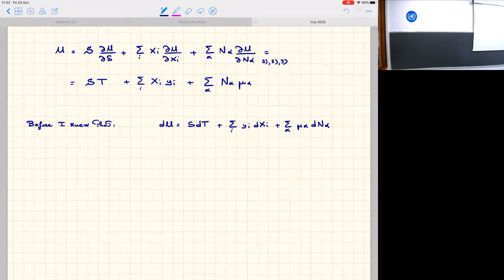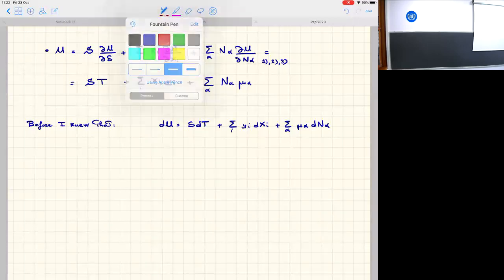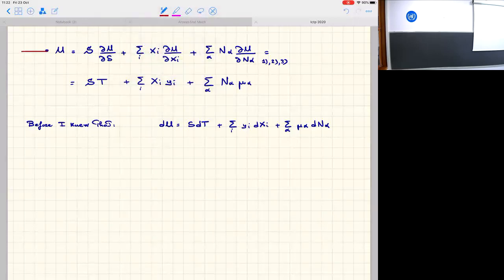This was my first principle of thermodynamics. Now, let's take this and take a differential of this formula.